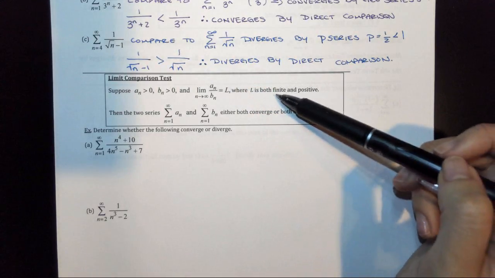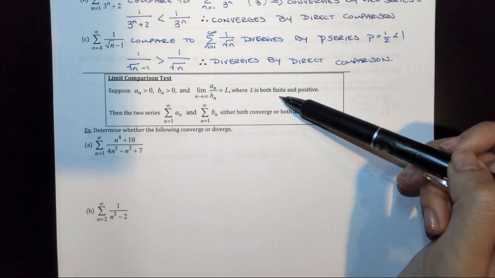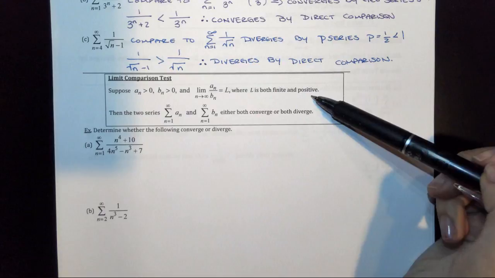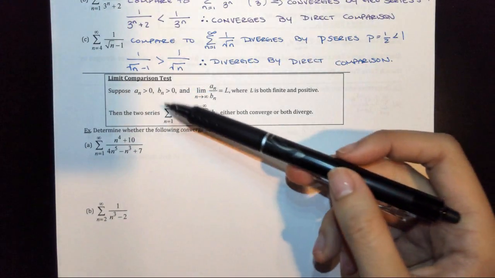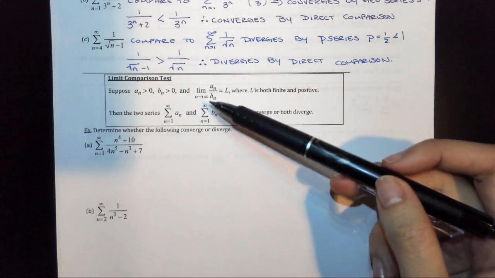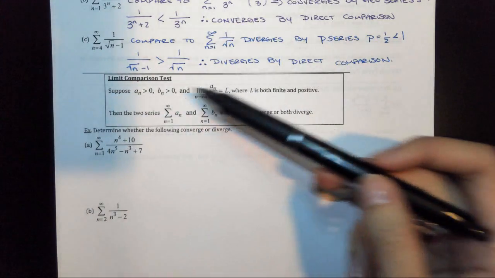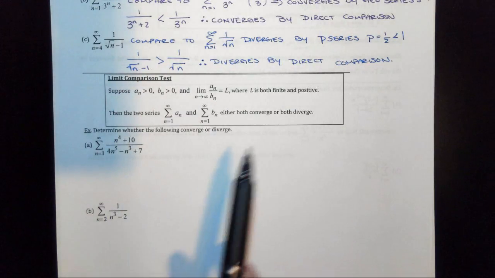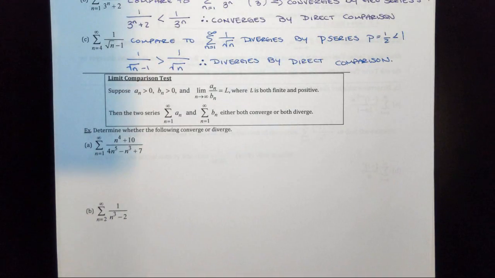That number is both positive and finite. Finite just means it doesn't equal infinity. Then whatever one series does, the other series does with it. They will converge or diverge together.